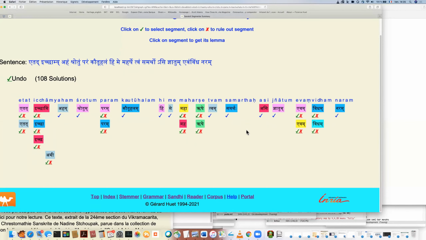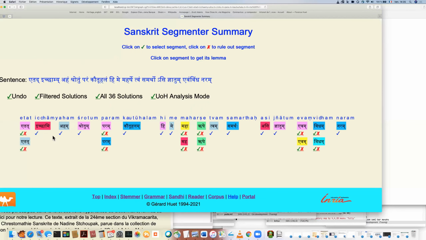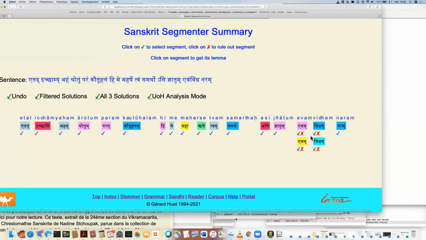So you can play the game and try to get the segmentation.